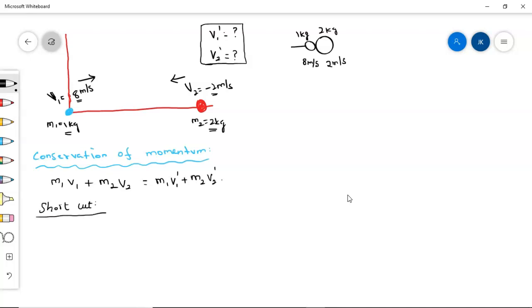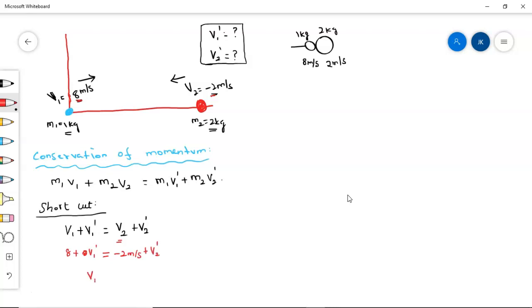Here we have a formula. After many mathematical calculations, we have come to a conclusion that v1 plus v1 prime is equal to v2 plus v2 prime. Now write the values. The v1 is 8 meter per second and v1 prime we don't know. Or you write the same: v1 prime is equal to v2, which is negative 2 meter per second, plus v2 prime.